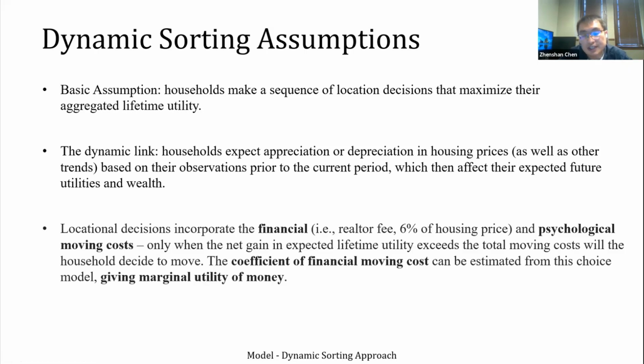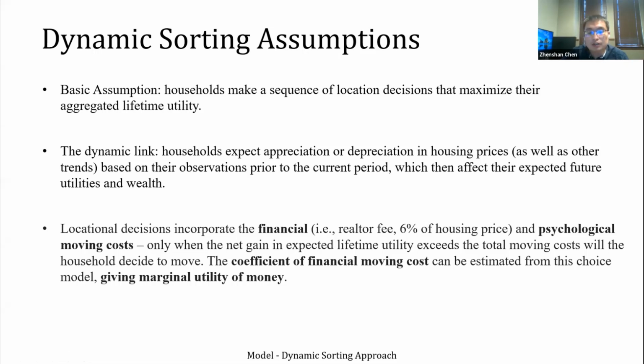Those locational decisions also include moving costs. So we specify financial moving costs and psychological moving costs. Those are important since the decision rule is that only when the net gain in expected life utility exceeds the total moving cost will the household decide to move.